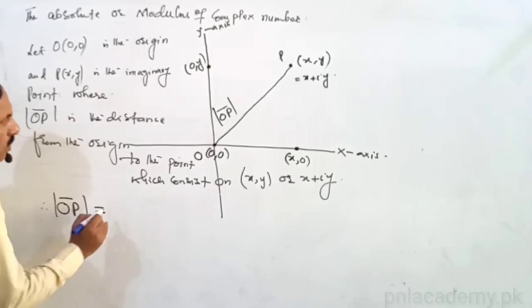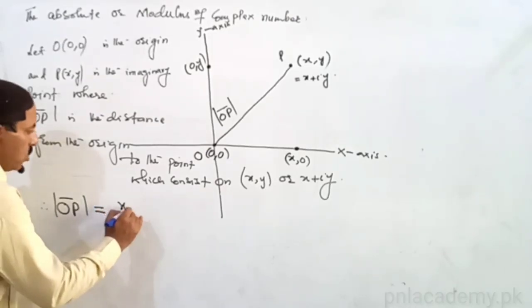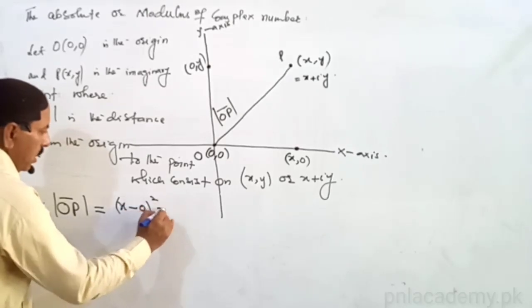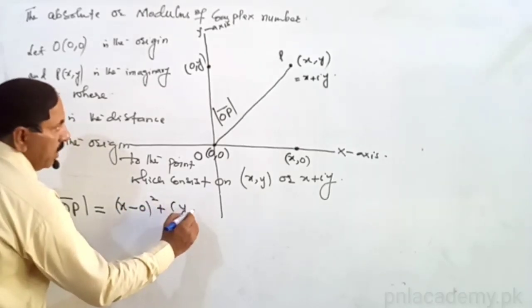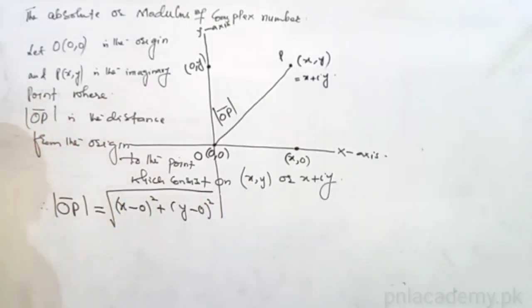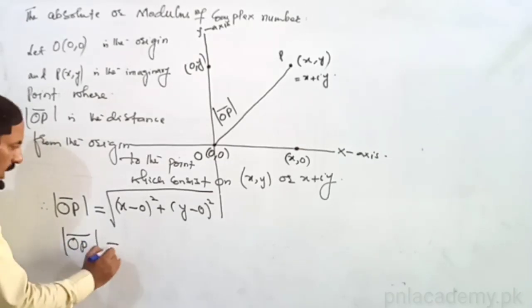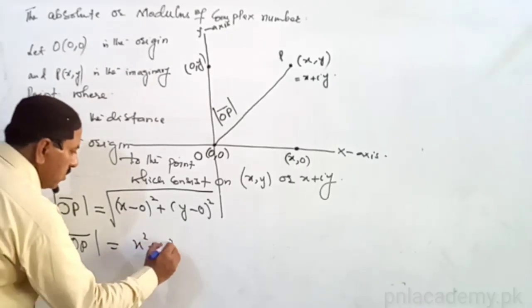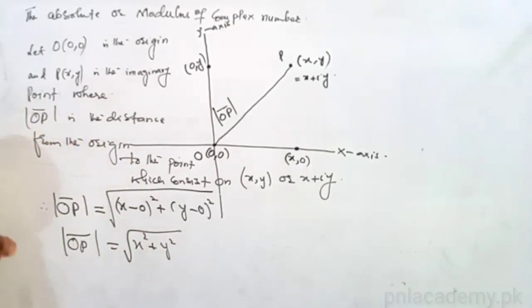Therefore, OP is equal to, according to the distance formula, radical of x2 minus x1 means x minus 0 whole square plus y2 minus y1 means y minus 0 whole square. So O to P, according to the distance formula, the distance will be radical x square plus y square, means the absolute value or the modulus value of OP is radical x square plus y square.